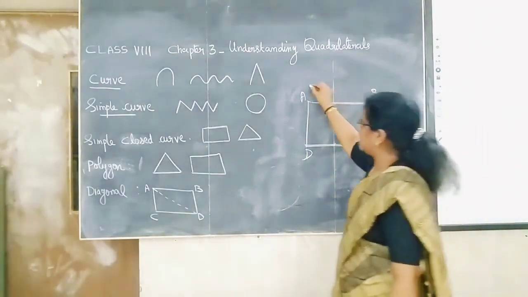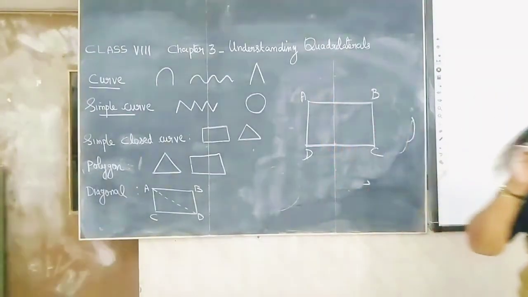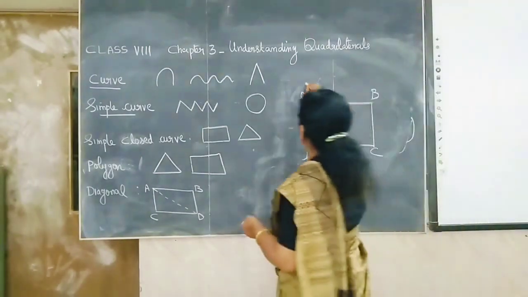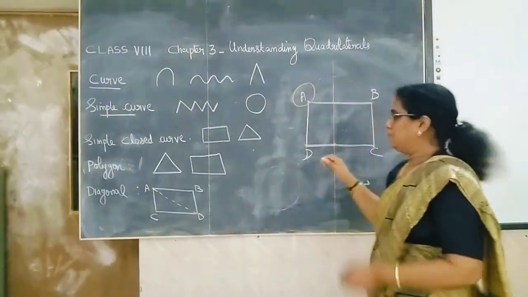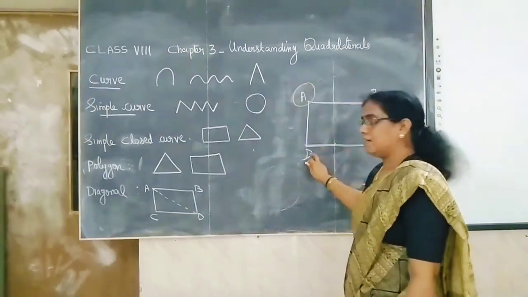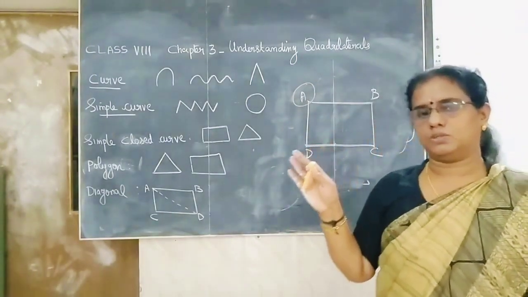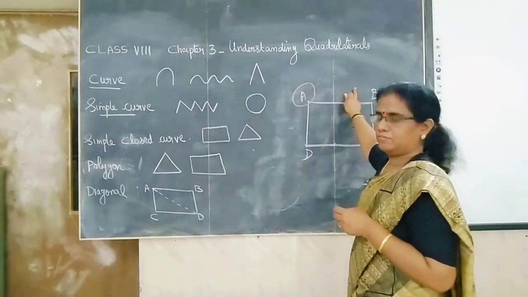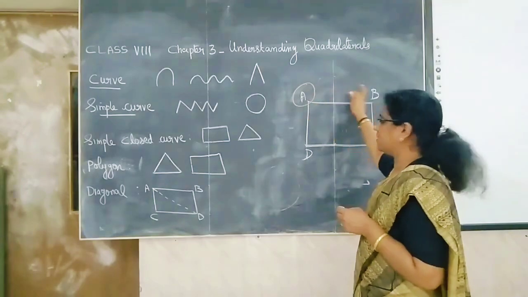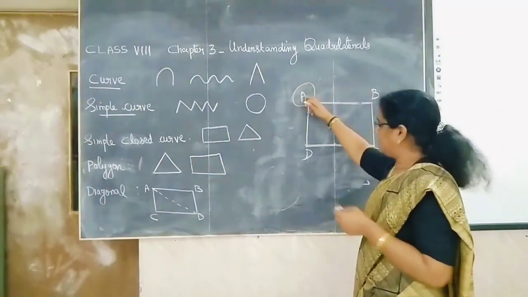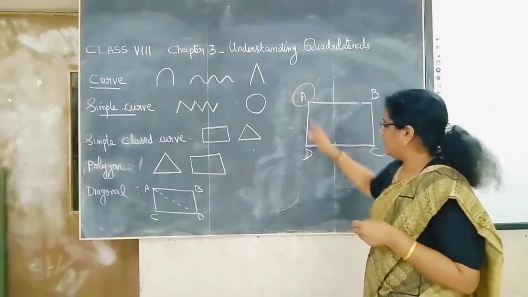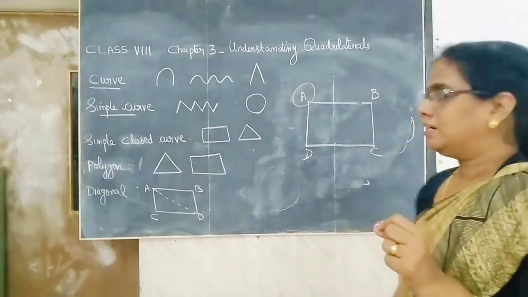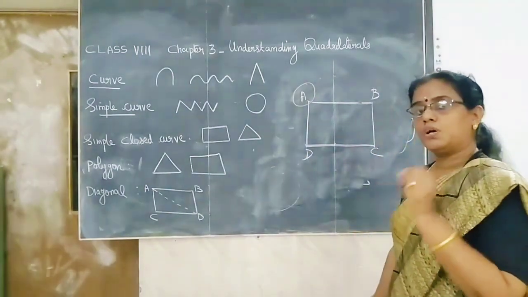Here if you consider A, B and D are consecutive vertices. Consecutive vertices means just near to it. After A, the next vertex is D. A diagonal is drawn by connecting two non-consecutive vertices.